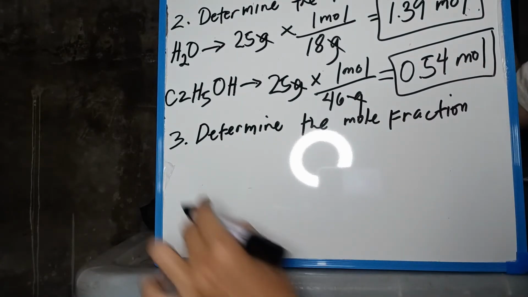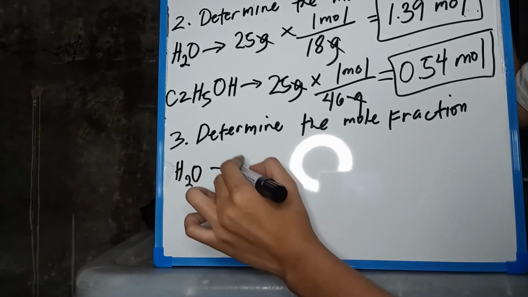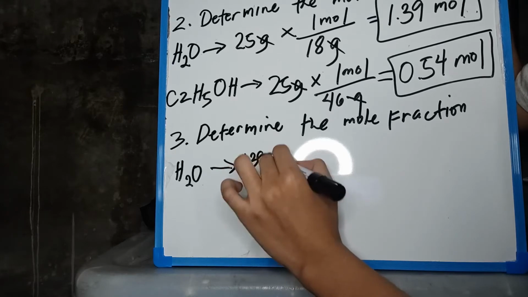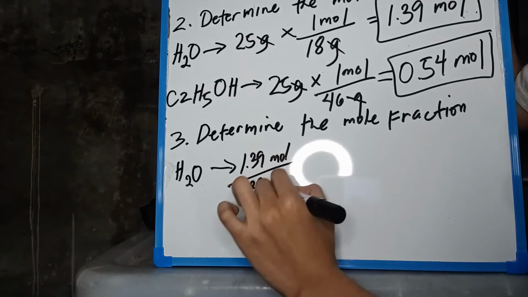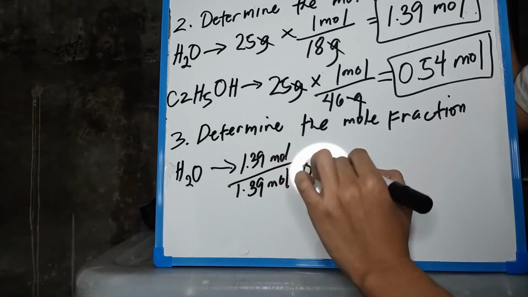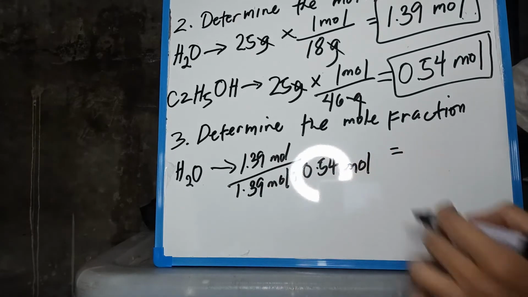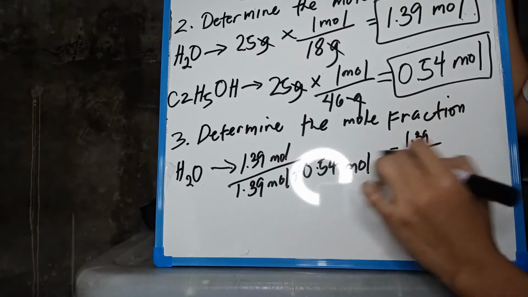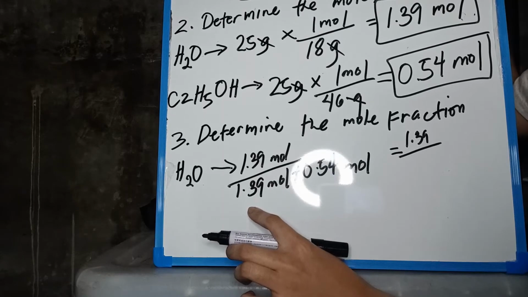So, first, the water, H2O. So, 1.39 mole over 1.39 mole plus 0.54 mole is equals to 1.39 over, so i-add na to ang 1.39 ug ang 0.54.